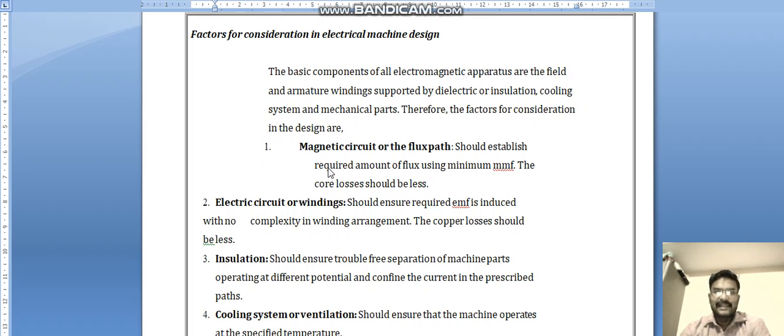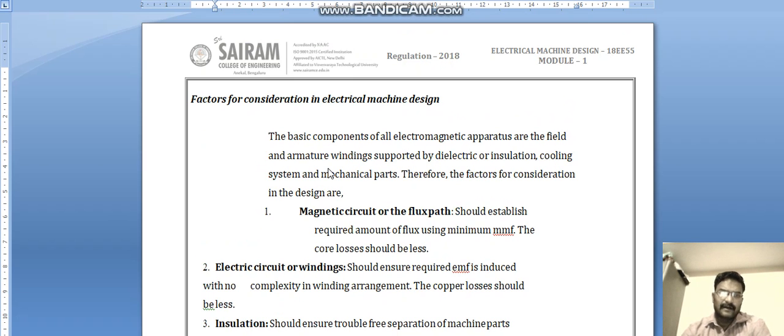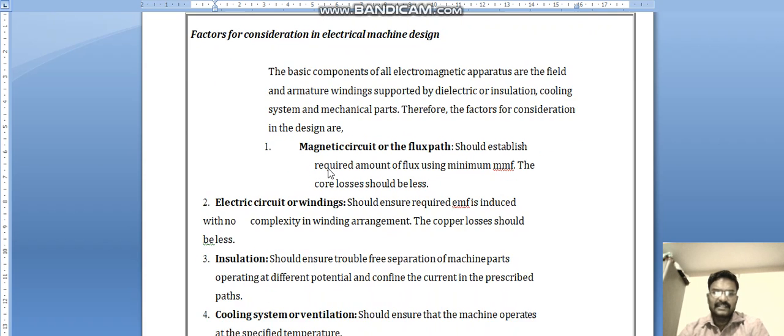Third one, insulation should ensure trouble-free separation of machine parts operating at different potentials and confine the current in the prescribed path. Confining current in the prescribed path means that if any fault occurs in the insulation, the current normally takes a low resistance path. So if the insulation breaks in any place, it takes another path.